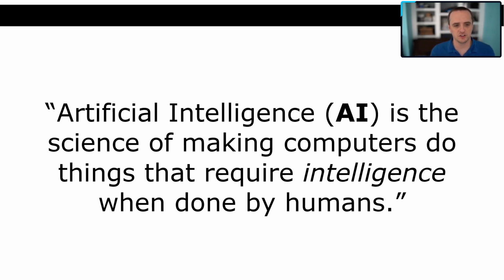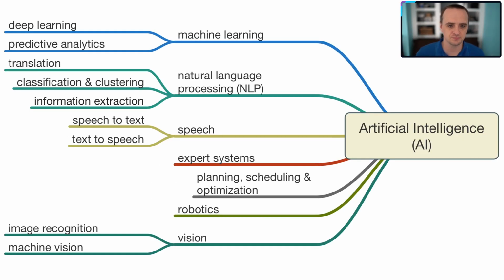So artificial intelligence is the science of making computers do things that require intelligence when done by humans. So it's hard to lock down, right? Getting semantic satiation, as that's the term for when you keep saying a word over and over, it loses meaning. But you can't lock intelligence down, so use your human intuition for that.